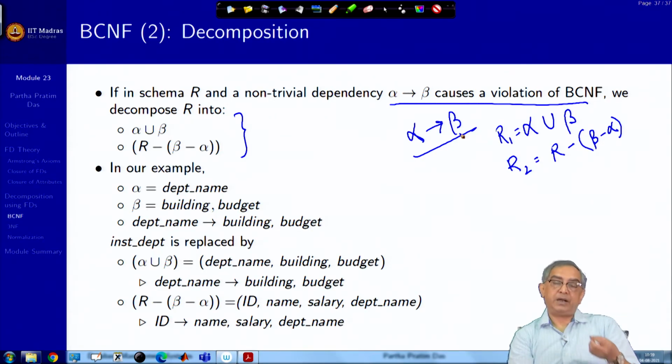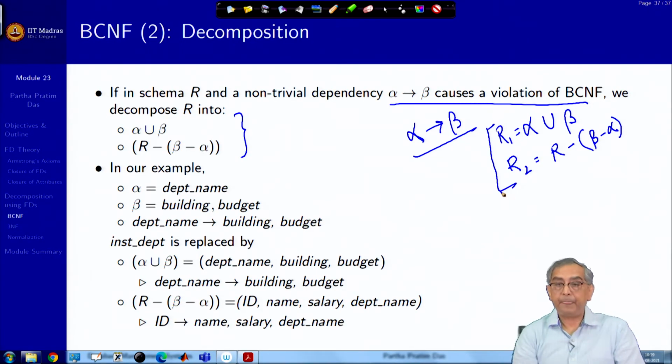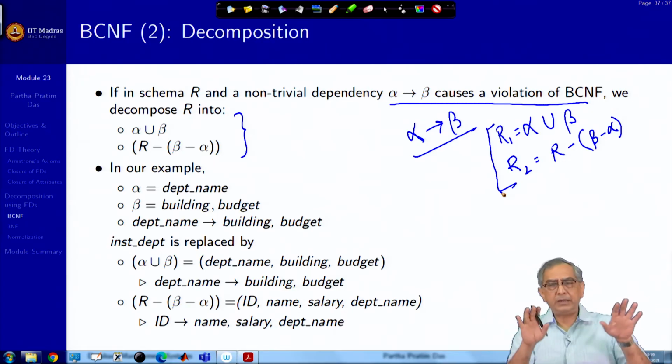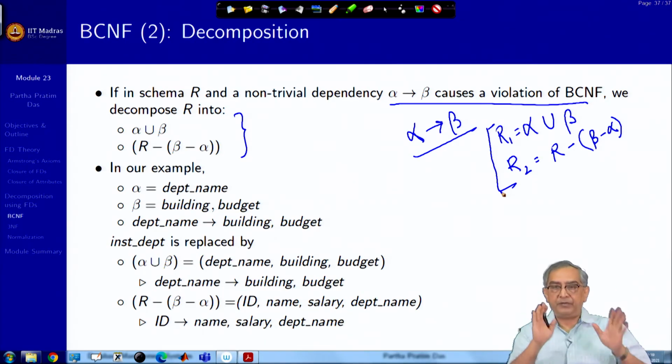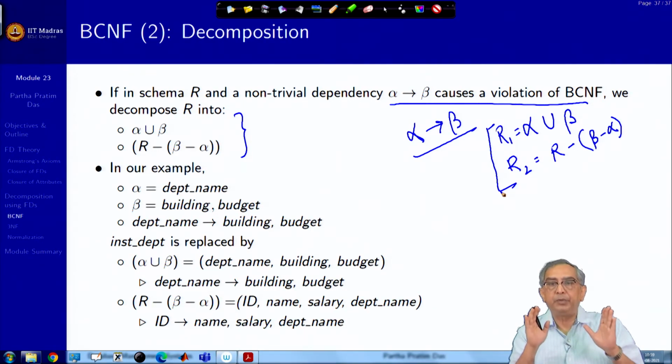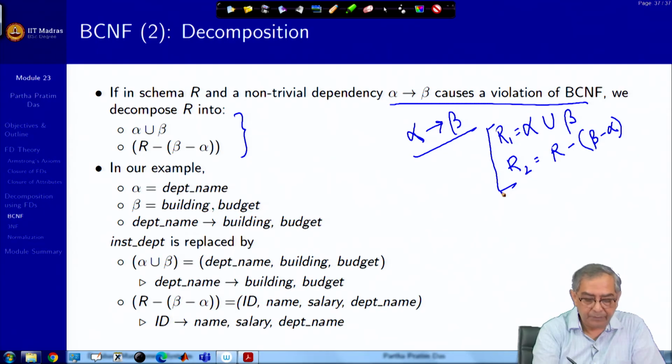The trivial part is the attributes which are also in alpha. So, it is the unique part that remains, and you take that out from the whole set of attributes R, and you divide it in this way. We will understand why suddenly this formulation has come. They have done a lot of mathematics and come to that. We will understand this with simple logic over a period of time.